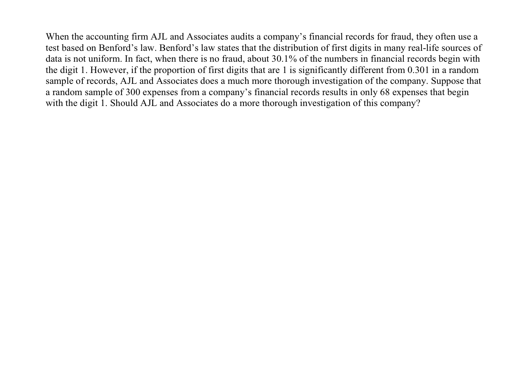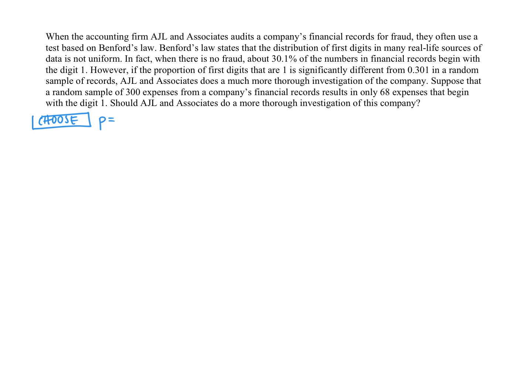So we're going to do a hypothesis test. It's still the 4 C's that it was before. So if we start with choose, we have this 68 out of 300. We have this 0.301. Both of those are proportions. So P is going to be the true proportion. What are we looking at? We're looking at of the expenses that begin with the digit 1.